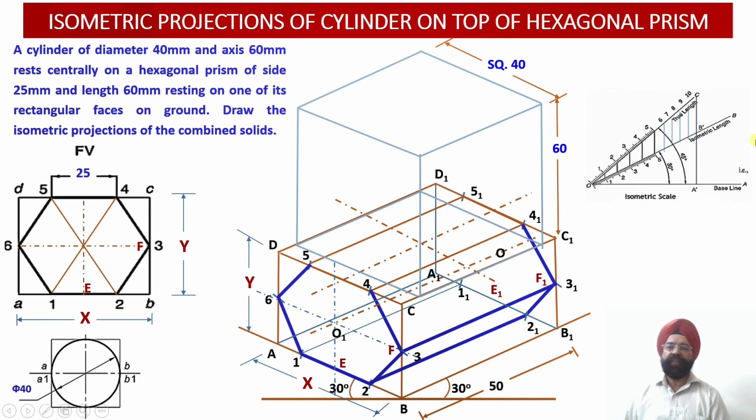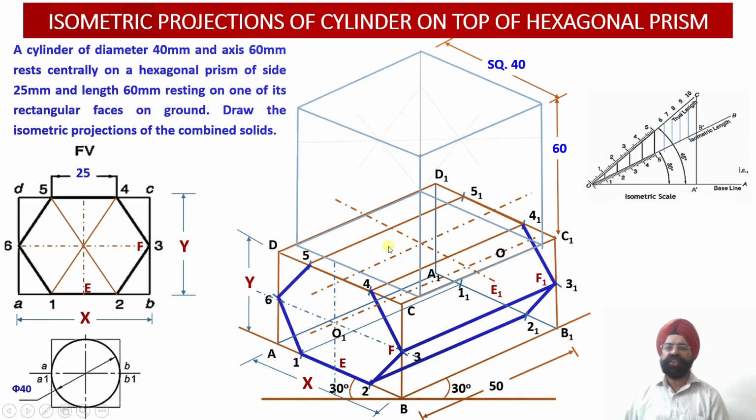Having drawn this, the top face square looks like a rhombus, and the bottom face square looks like a rhombus. Now I have to draw the circular portion of the cylinder at the top face, and at the bottom face as well.